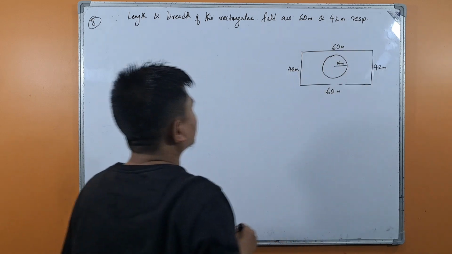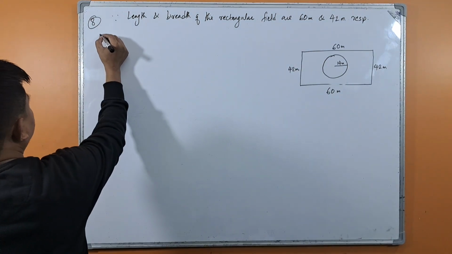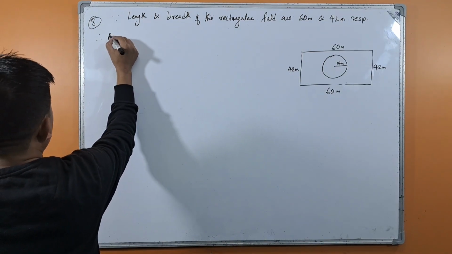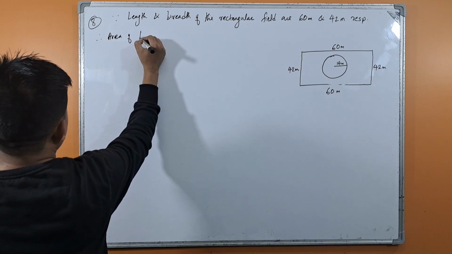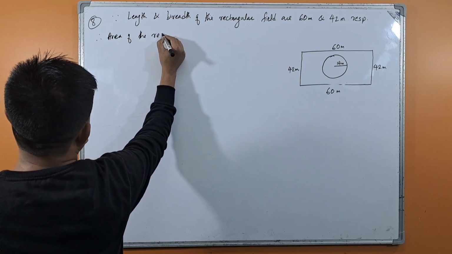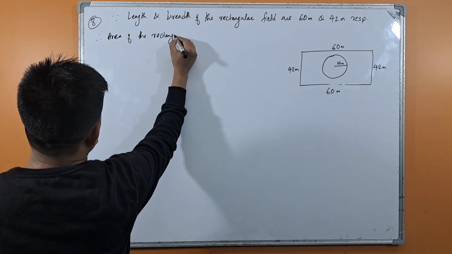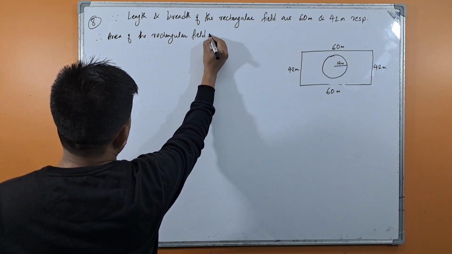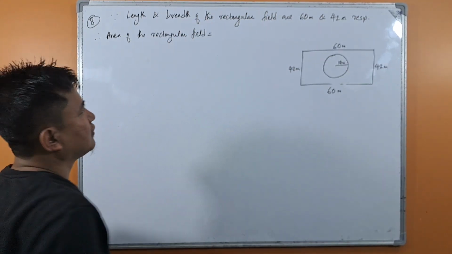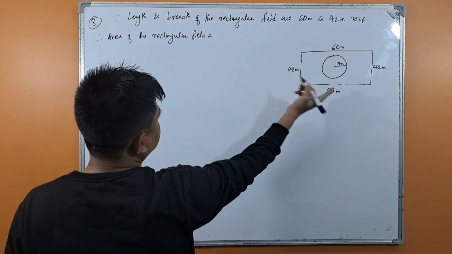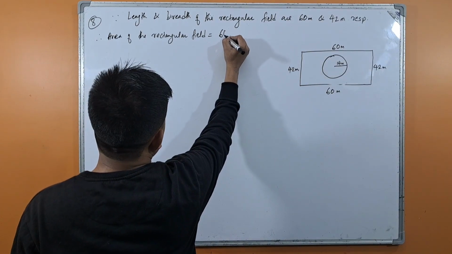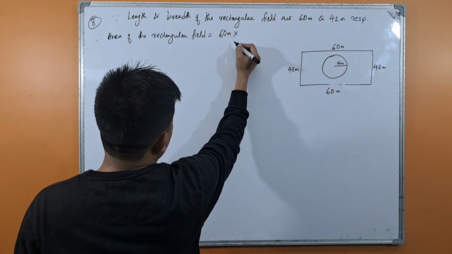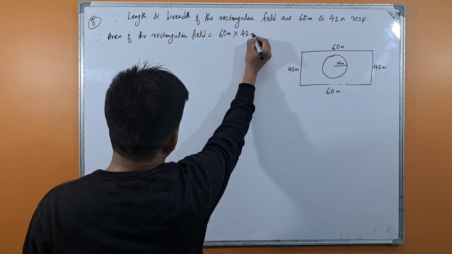Okay, so let's find the area of the rectangular field. Okay, therefore area of the rectangular field, so what is the formula for area of rectangle? Length into breadth, isn't it? So what is length? Length is 60 meter into breadth is 42 meter.